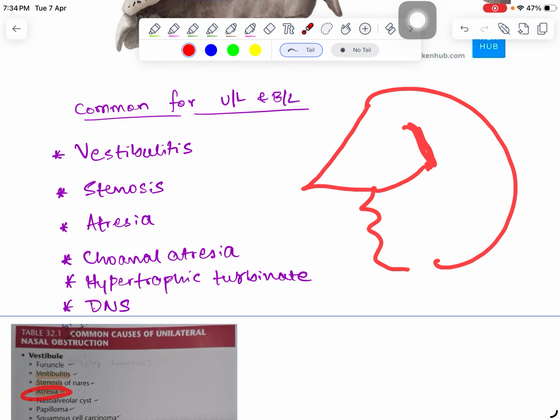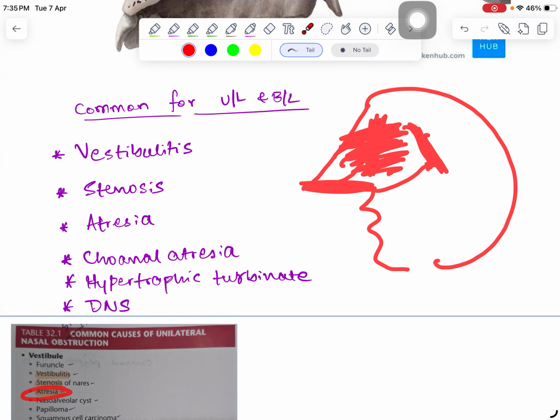Suppose this is completely blocked, it is called choanal atresia. Then here also there is a blockage, this is caused by hypertrophic turbinates. Suppose these are the turbinates, hypertrophy of these turbinates will block the middle cavity also.